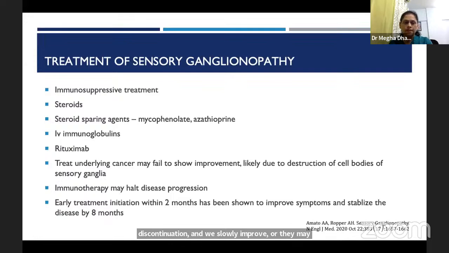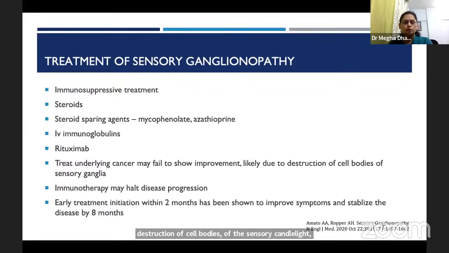Coming to the treatment of sensory ganglionopathy, use of immunosuppressive therapies such as steroids, steroid-sparing agents, immunoglobulins, rituximab. Treatment of the underlying cancer may fail to show improvement in some, and this is probably because of destruction of the cell bodies of the sensory ganglia.